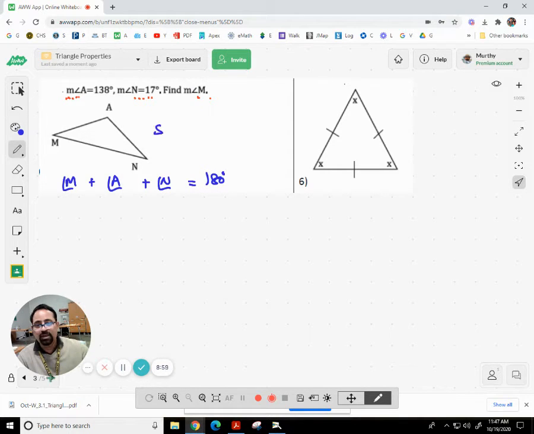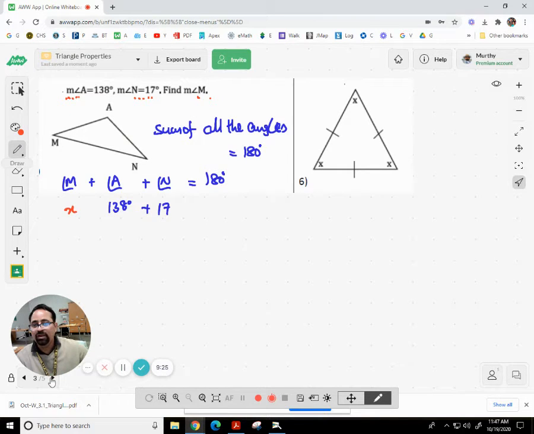Let me write the condition: the sum of all the three angles of a triangle equals 180 degrees. So just plug in the values. The measure of angle A is 138. The measure of N is 17. We don't know the value of M. Therefore, the unknown value may be taken as an English alphabet or as a variable.